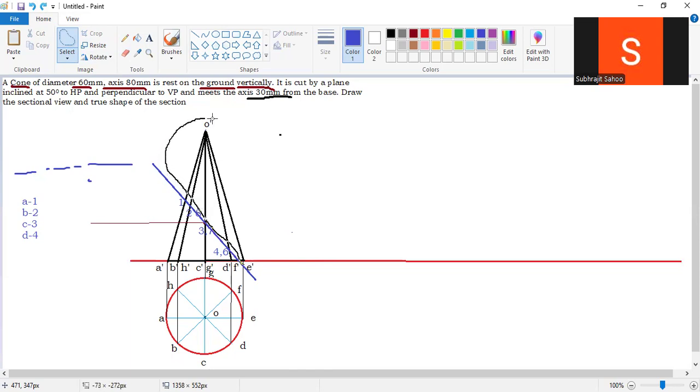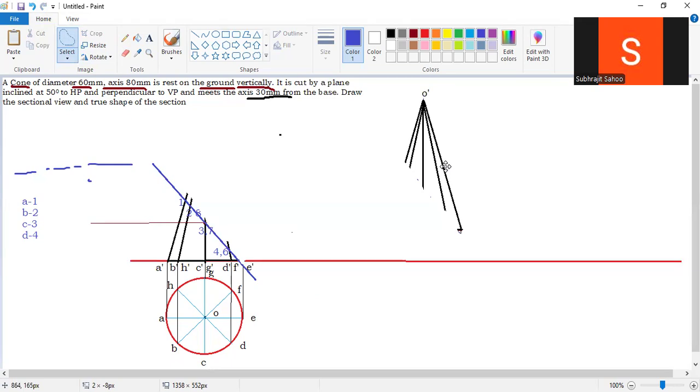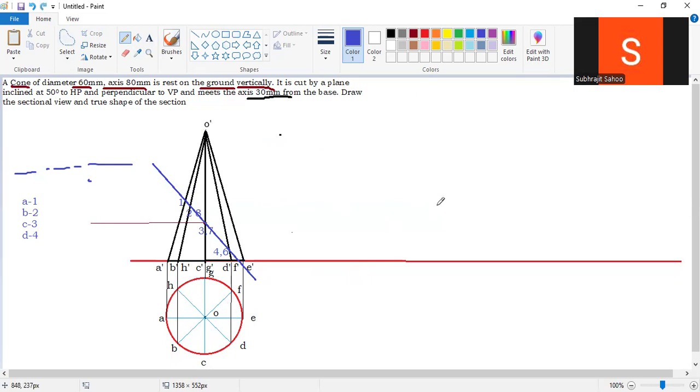I will cut this total section like this. Remaining part is there. So for the remaining part, I have to draw the sectional view here, and in the sectional view I have to do hashing, and here I have to do the true shape. This task is pending right now, right?